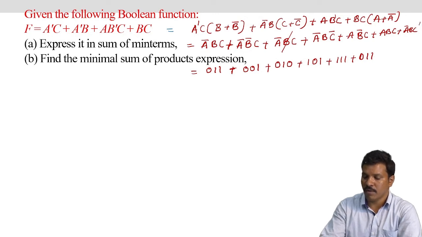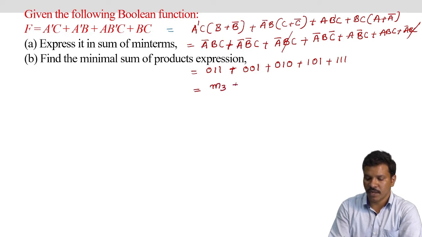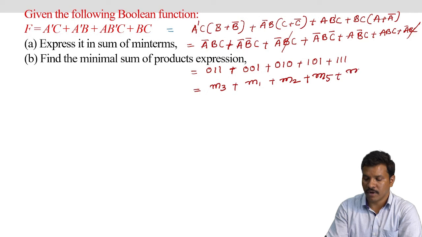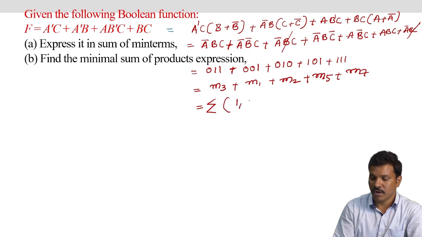We remove that repeated term. So what are the corresponding minterms? 0 1 1 is M3, M1, M2, M5, M7. So we can represent it with sigma of 1, 2, 3, 5, 7.